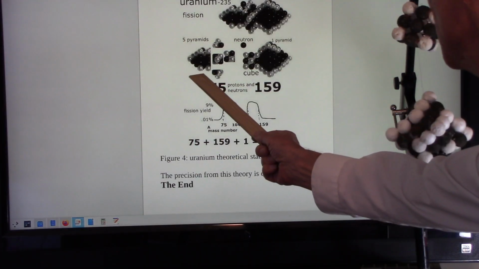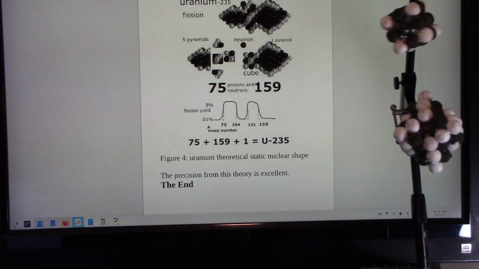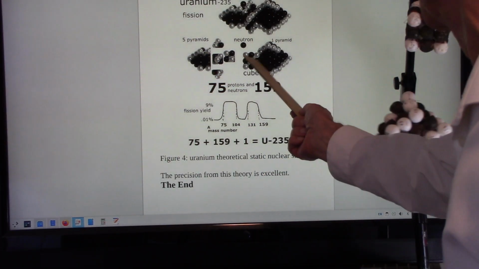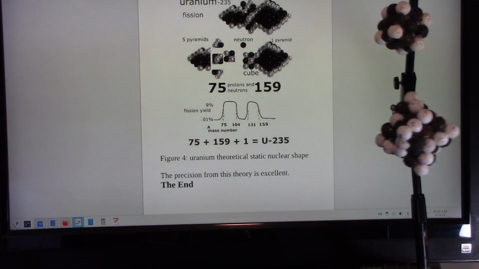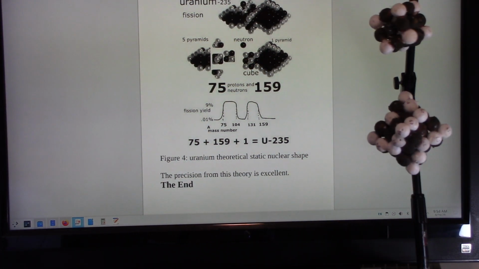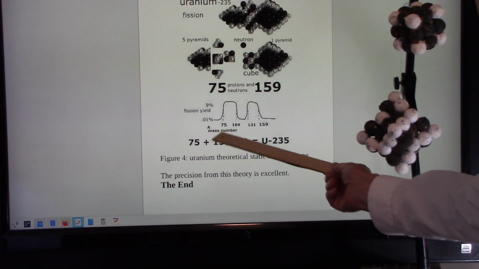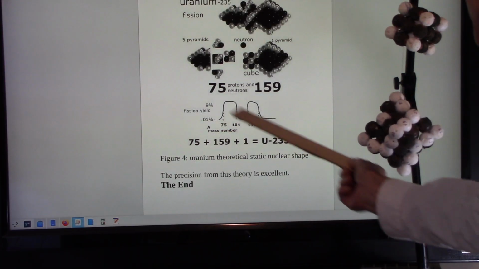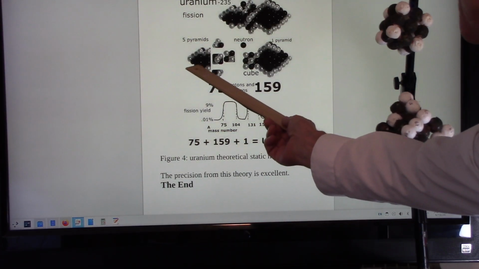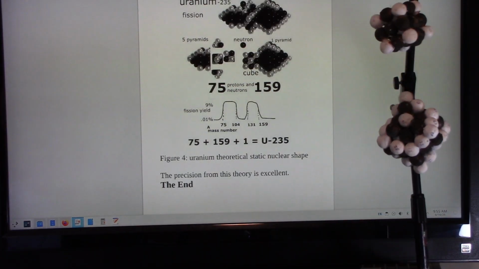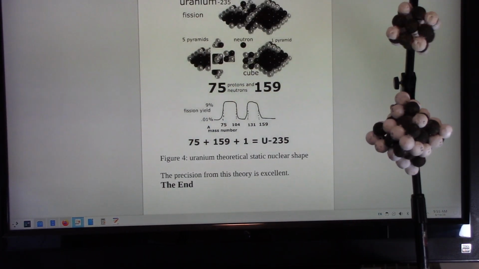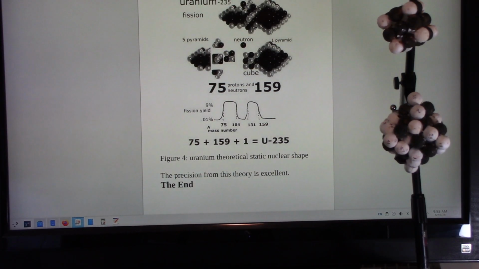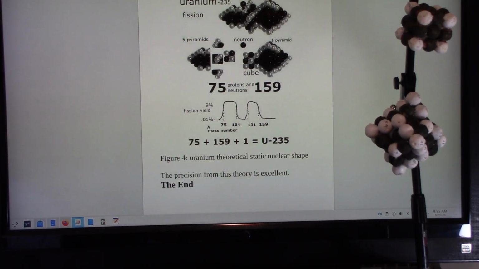Now on the left, we see there are 5 pyramids that sit on top of the cube. And this matches what is shown in the data. 75, 159, 75 in the 5 pyramids, 159 in one pyramid and one cube. And the precision of this theory is excellent. The end.